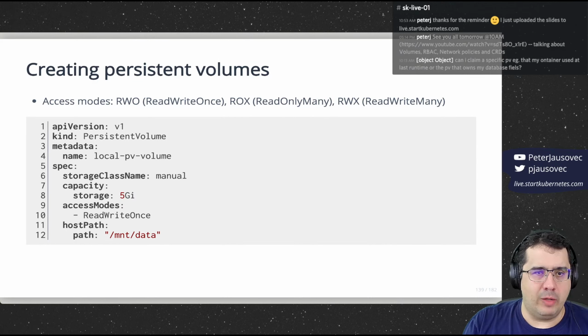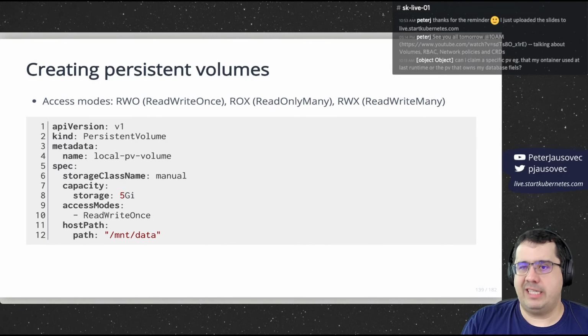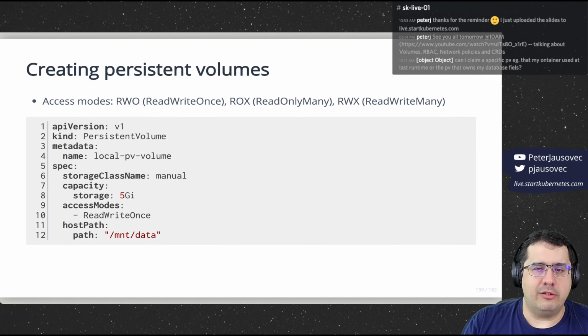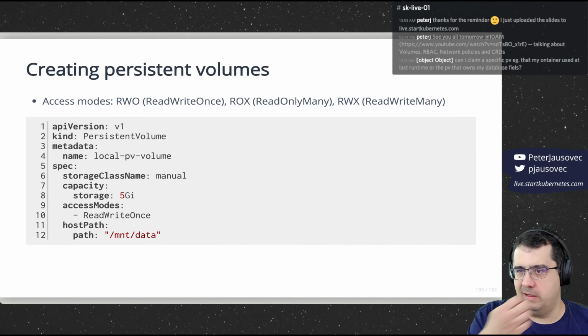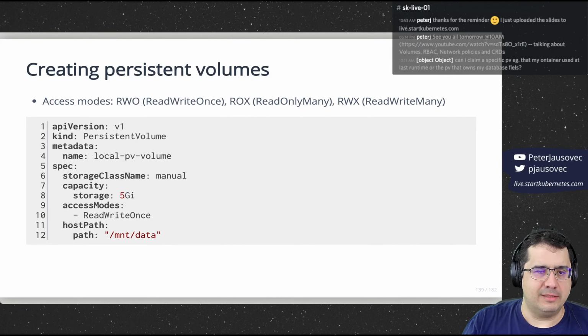When deciding on these access modes, make sure to read the documentation of the volume plugin that you're using, because not all of them necessarily support all of these access modes.